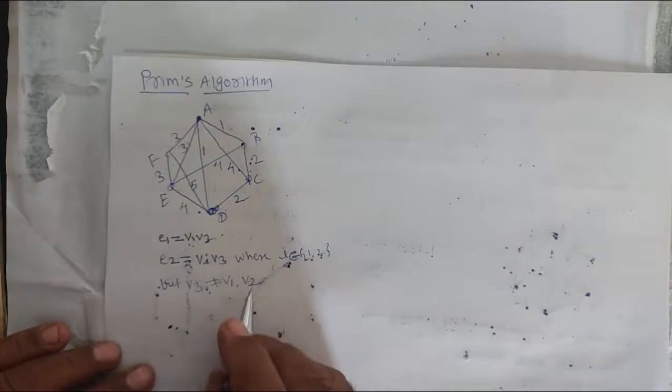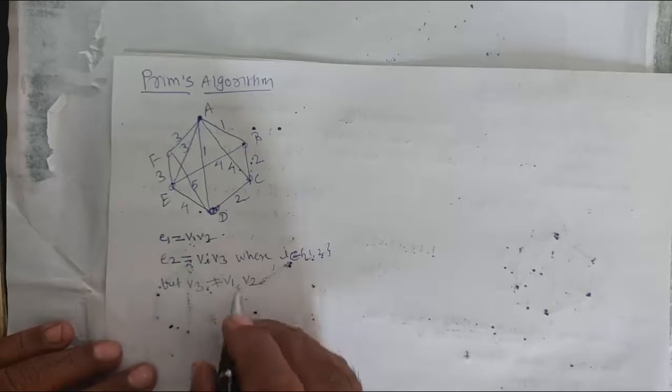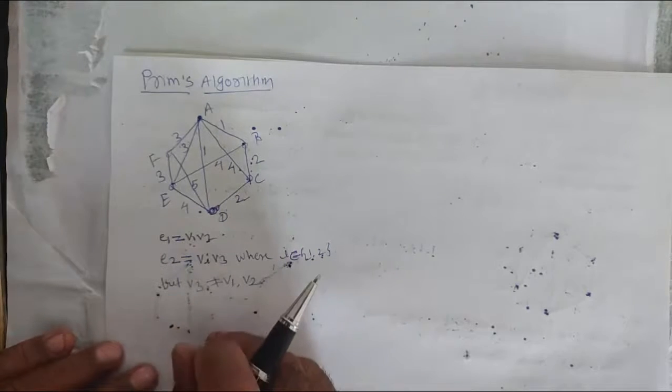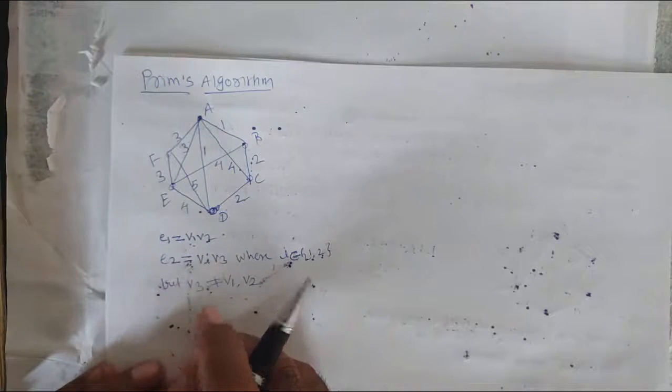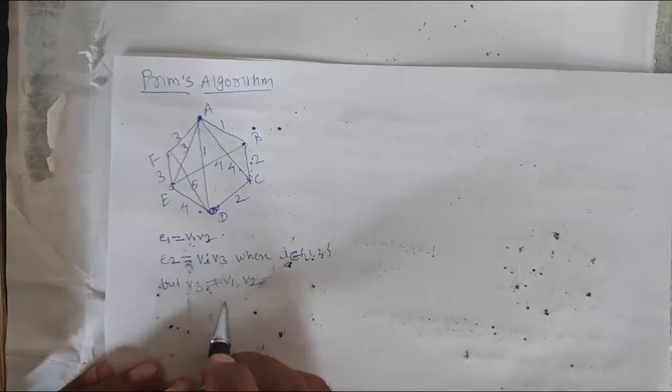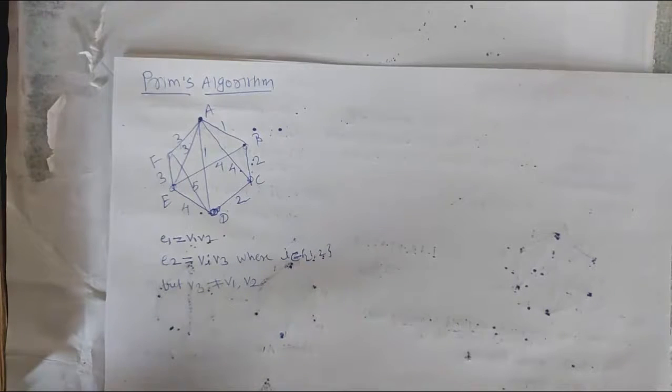And we repeat this process of taking edges of smallest weight, one of whose ends is a vertex already chosen and the other end is a new vertex, until we have chosen up to n minus 1 edges.